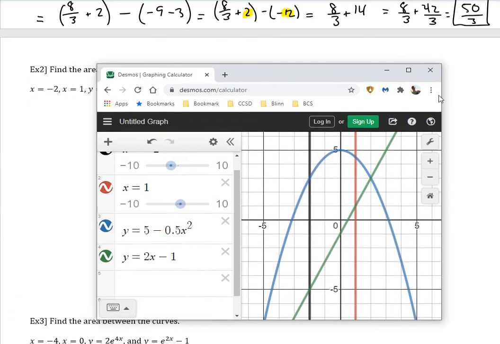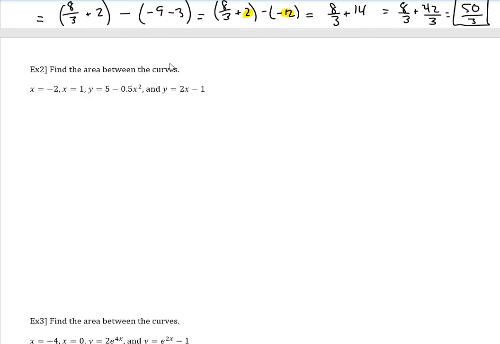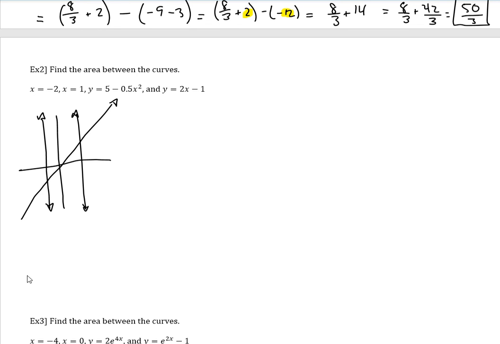So let's draw our picture so we can see it, and I'll shade it. It doesn't have to be perfect. Okay, so we had our vertical line, we had another vertical line, and then we had our line like that, and then we had our parabola.